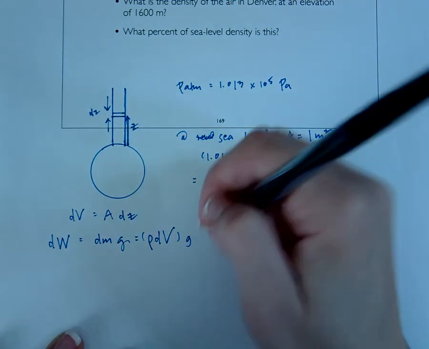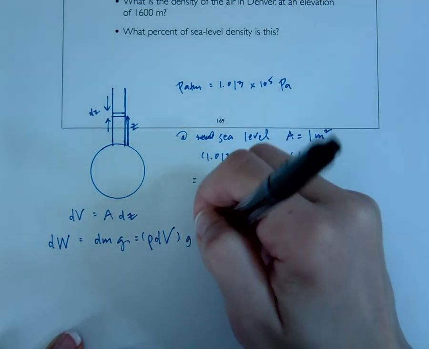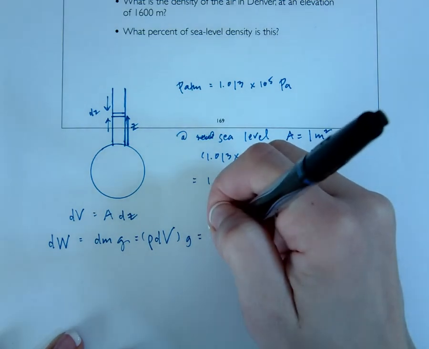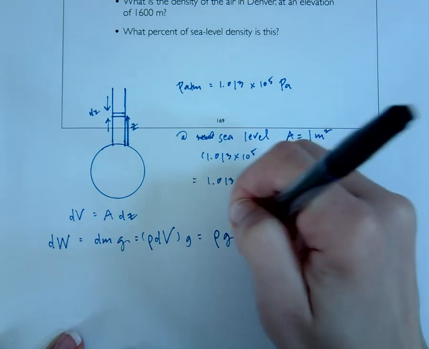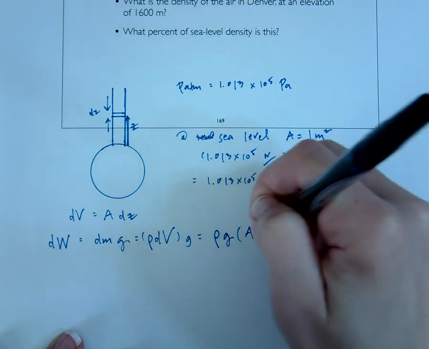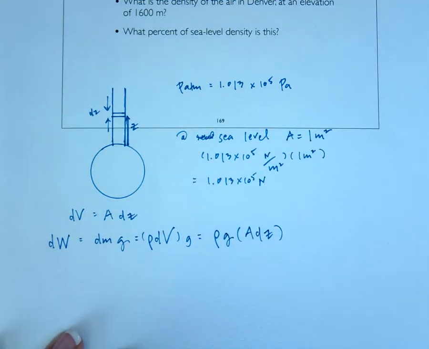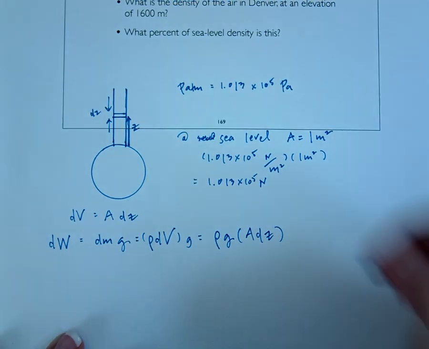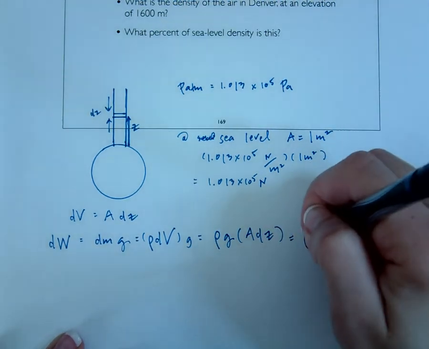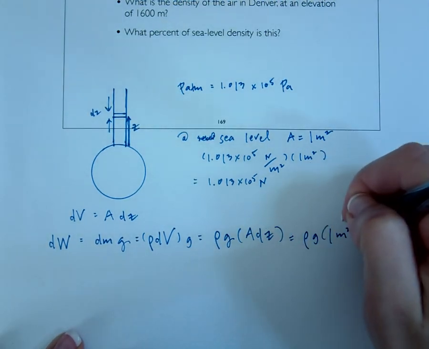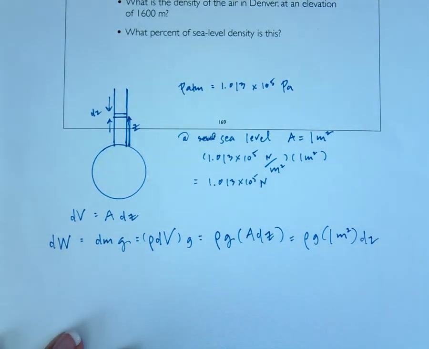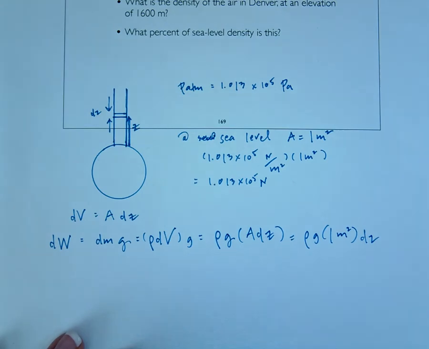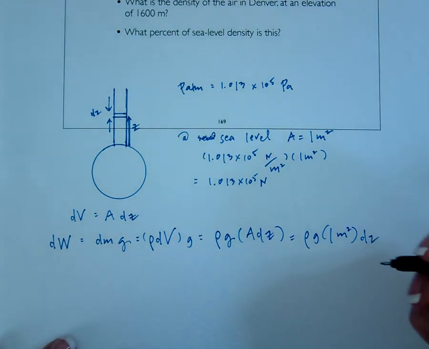But we already solved for dV, so let's plug in for dV. Take rho times g times A dz. That's also equal to rho times g times 1 square meter, we decided, times dz. So now we can plug in because we know the density.